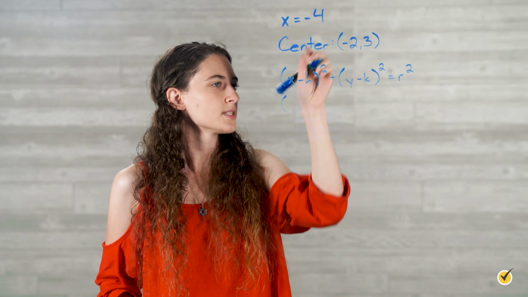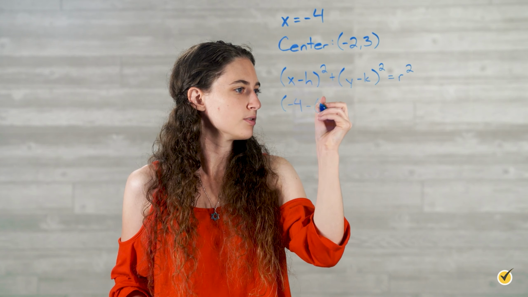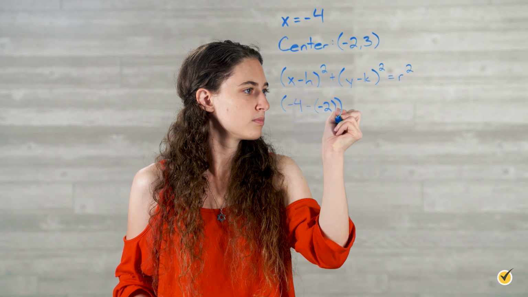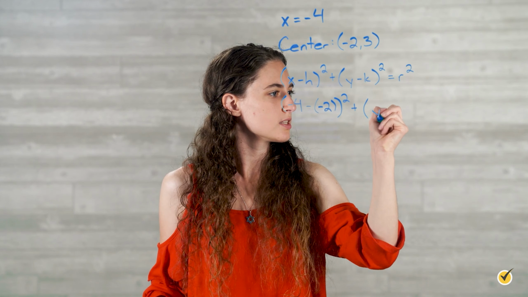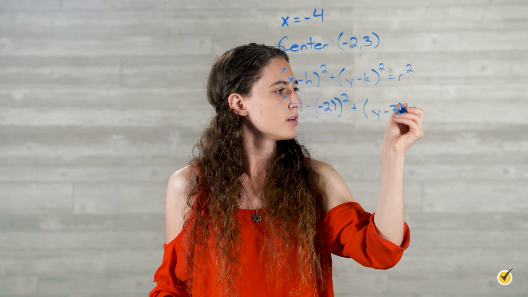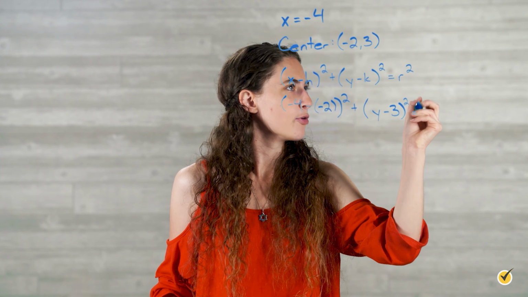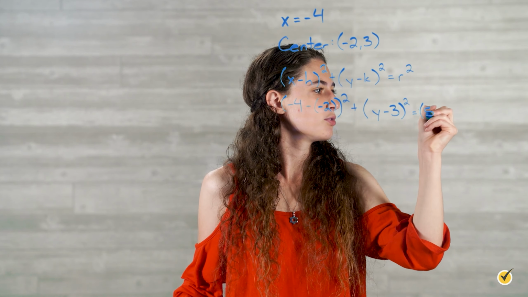So our x value is -4 minus h is -2 plus y, we don't know what that is, that's what we're trying to solve for, minus k, which is 3 squared. And we forgot to write this, but our r, remember from earlier, is 5. So it's equal to 5 squared.